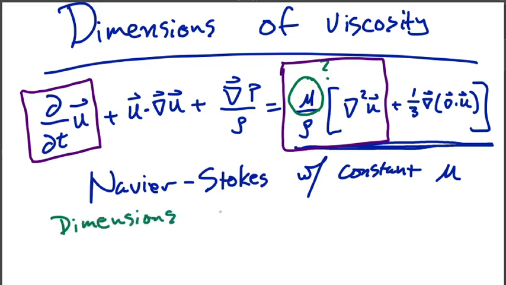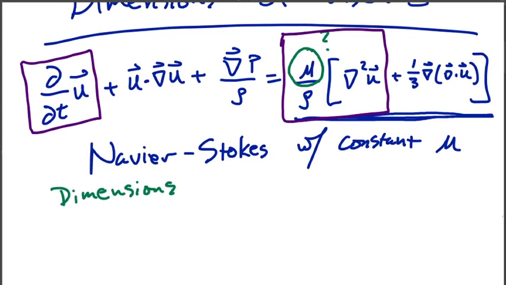Well, the dimensions of our first term here, our d by dt of u, this has dimensions of u. The dimensions of u are like meters per second or centimeters per second. So this is a length per time. And it's got a time derivative, a 1 over d by dt, and that's really like a 1 over time on our system.